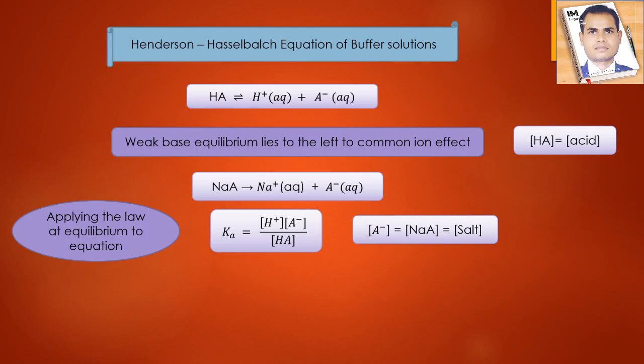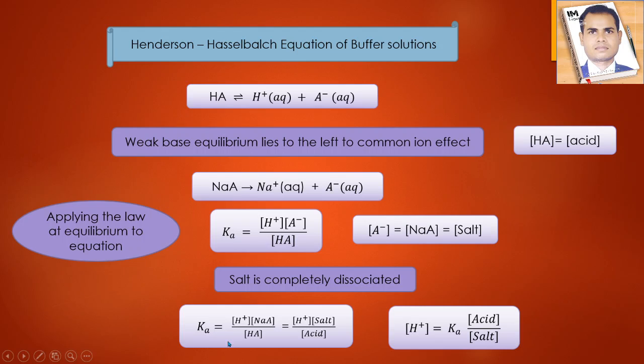Now the salt is completely dissociated, so you get the equation this way: Ka equals the concentration of H plus times the concentration of the salt, divided by the concentration of the acid. Here we have written it in words: this is salt, this is acid, and H plus as it is.